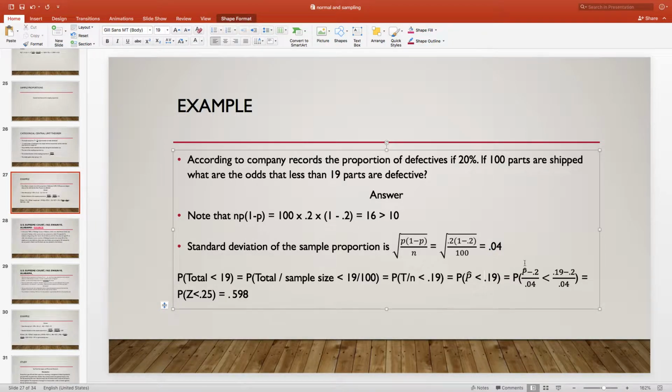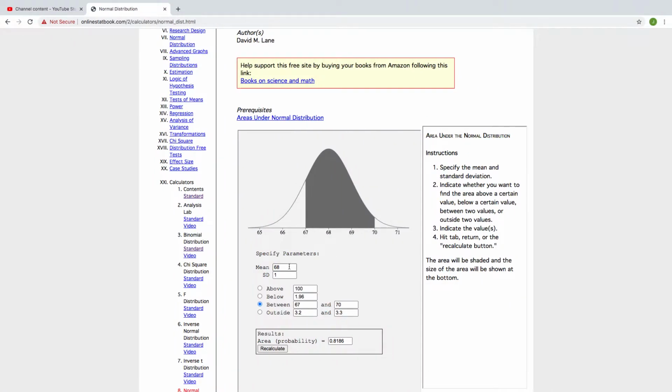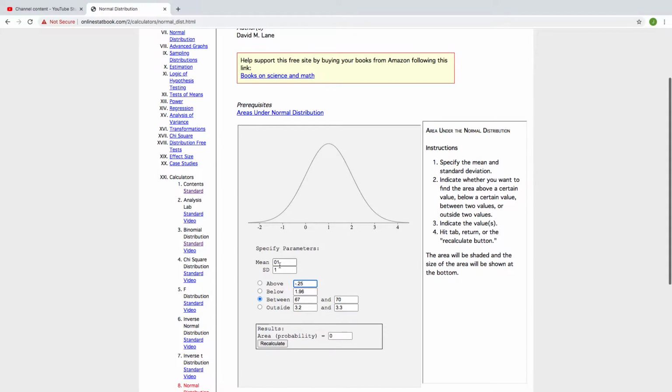So the probability of the proportion minus 0.2 divided by the standard deviation is less than 0.19 minus 0.2 divided by 0.04. And this should be negative 0.25. If we do this calculation, let's just use this normal distribution calculator. So the z-score has a mean of 0, standard deviation of 1, and that is below minus 0.25.